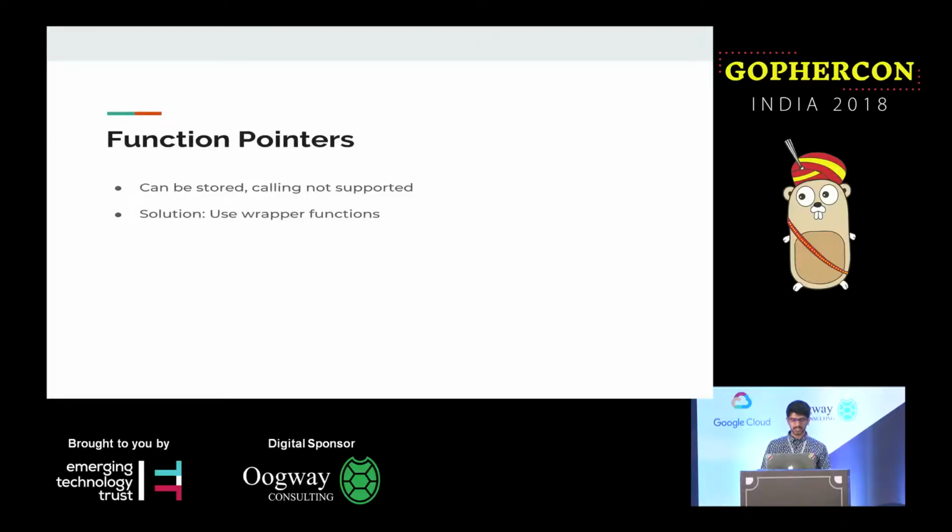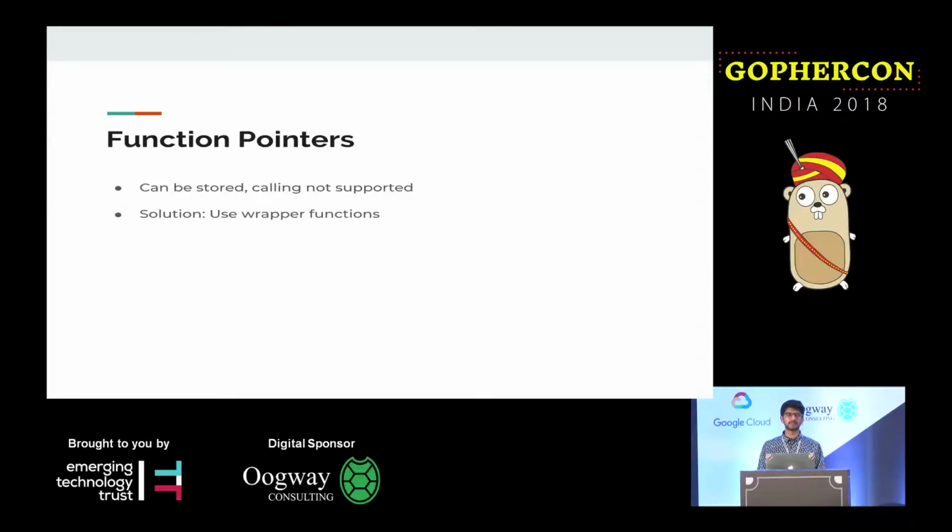Function pointers. So this is interesting. You can actually store function pointers, but calling function pointers from Go is not supported. Function pointers are a C way of having pointers to functions, and it's very complicated. I don't like the syntax of that, but they're still there in many places.